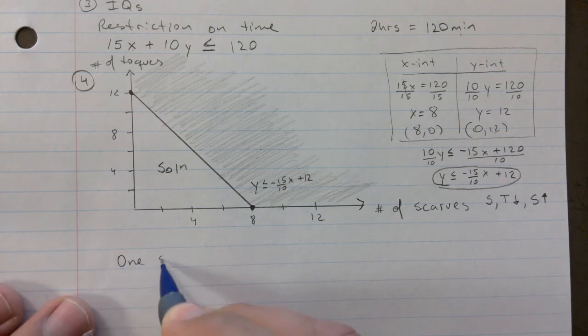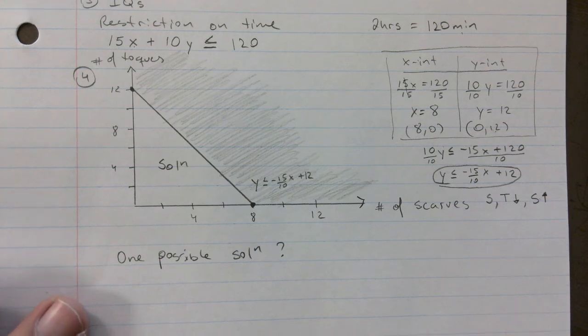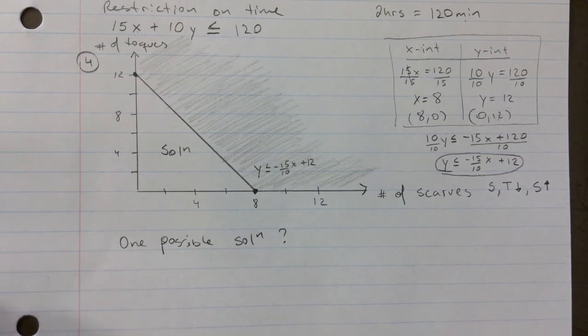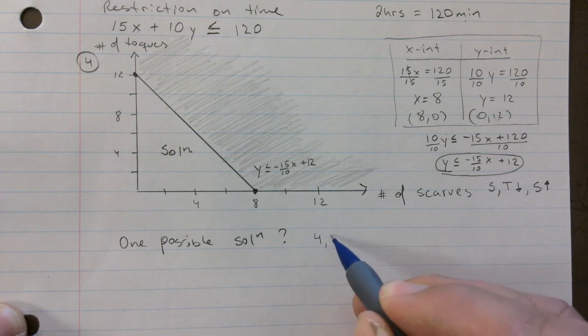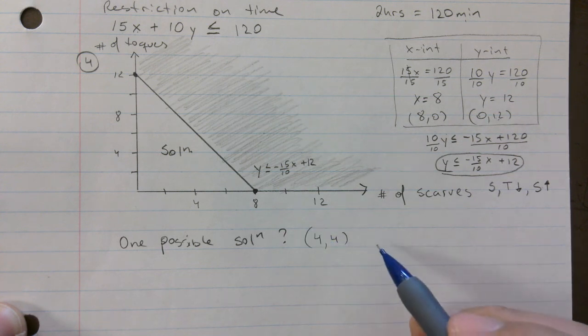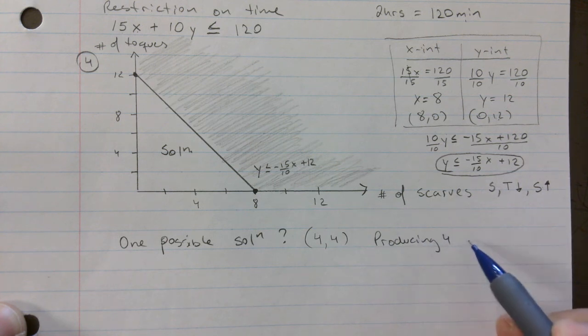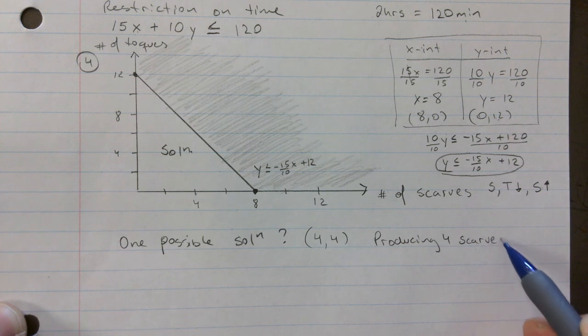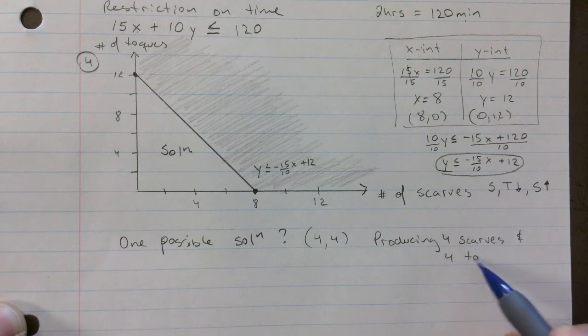One possible solution. What could be a possible combination that would work? Would (4, 4) work? It's in the solution region. Absolutely, (4, 4). And what does that mean? Producing 4 scarves and 4 toques. Don't mix them up, right?